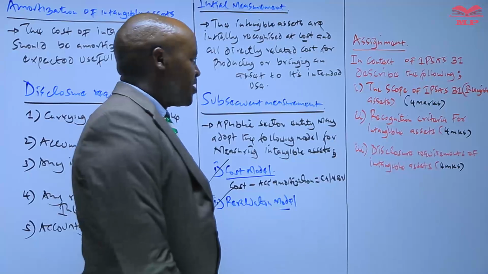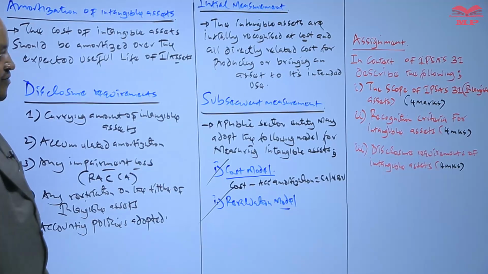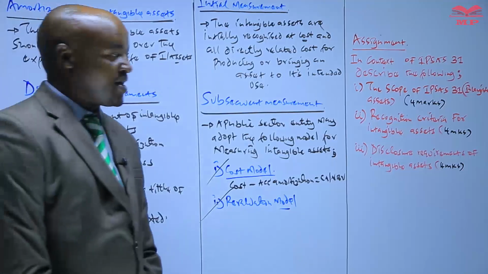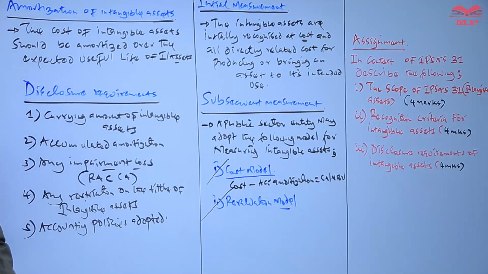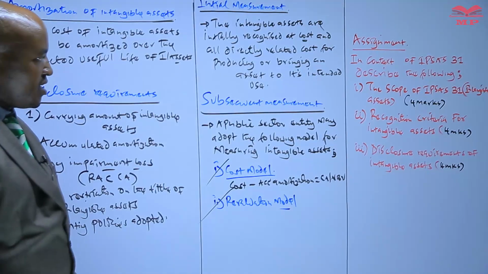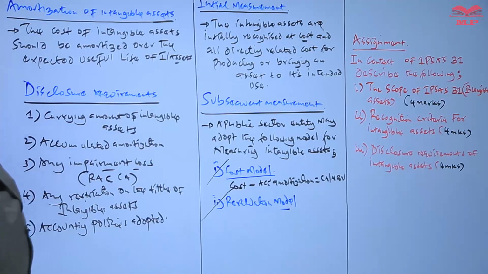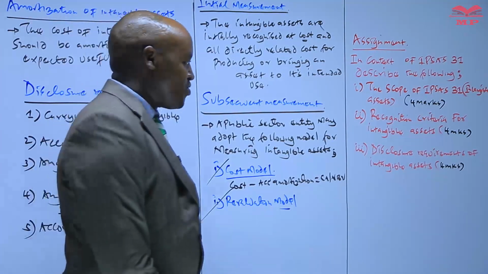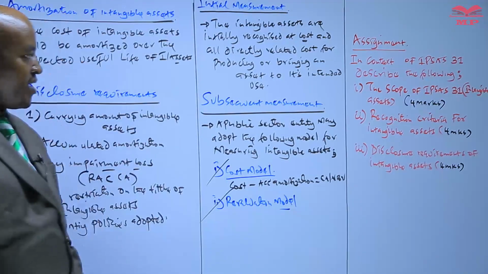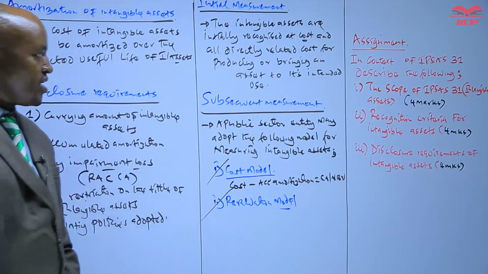Roman 2, you are required to describe the recognition criteria for intangible asset. Actually there you are expected to highlight some of the conditions to be met for an intangible asset to be recognized in the financial statement of public sector entity. And Roman 3, describe the disclosure requirements of intangible asset, which information needs to be disclosed by public sector entities as far as the intangible asset are concerned.